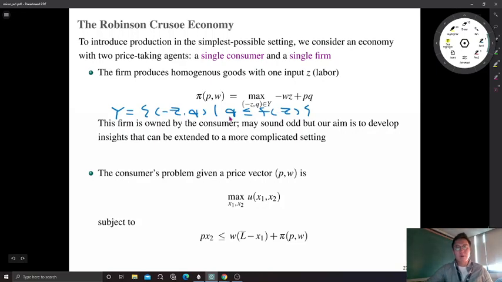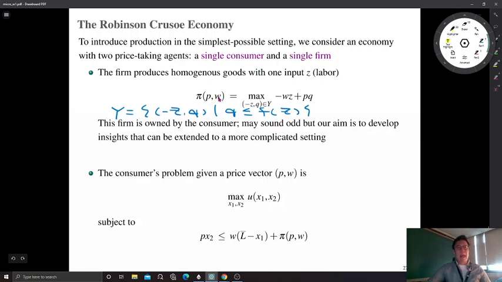So for this production plan to be feasible, output cannot exceed f of z, given input z, right? Only combinations of z and q satisfying this inequality are going to be feasible. Then maximizing over the production plan gives us a profit function given price vector p comma w.